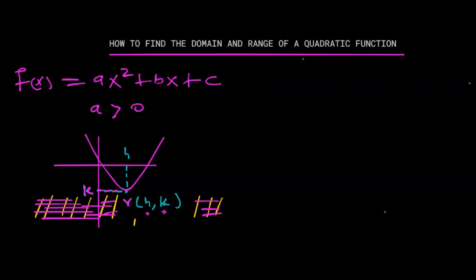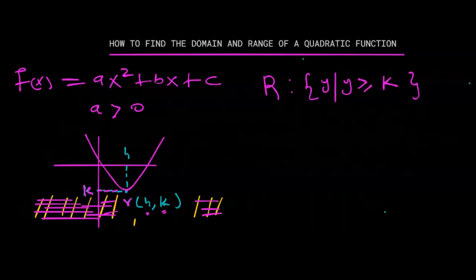And so what we say is that the range of a quadratic function with a minimum turning point is always going to be y is such that y is greater or equal to k.